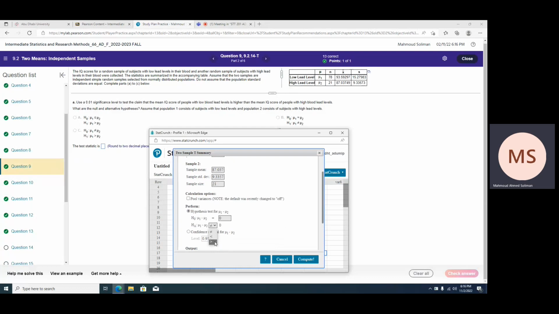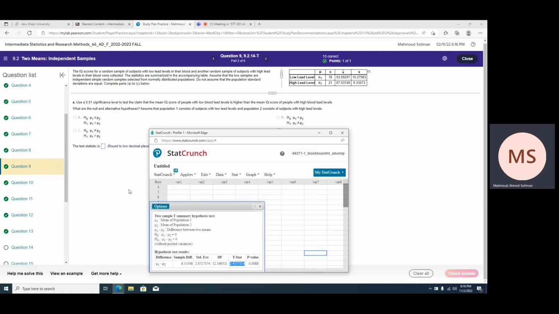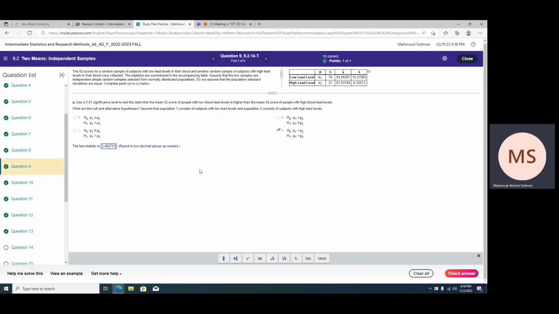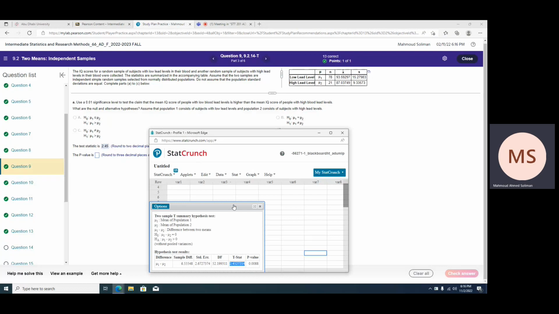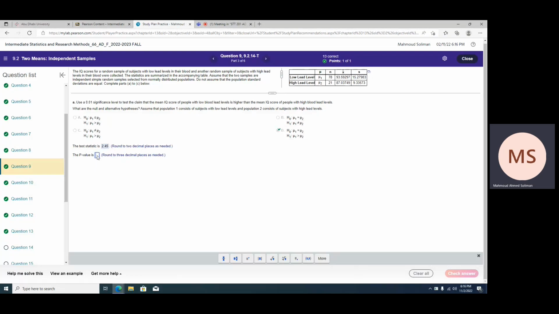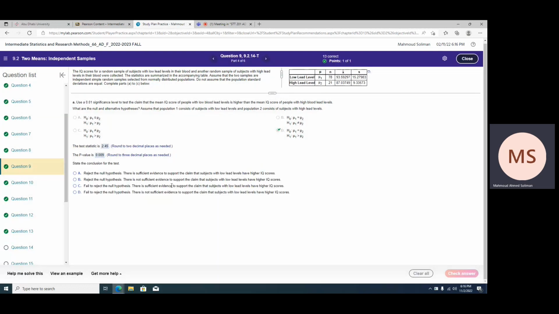Then we'll put greater than, compute, and copy paste the p-value. It's 0.009, three decimals, compared to 0.01. The p-value is less than alpha.